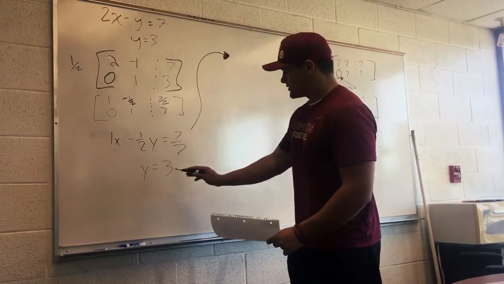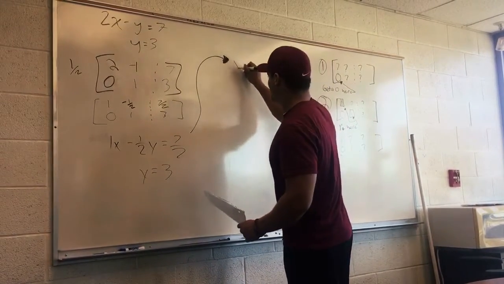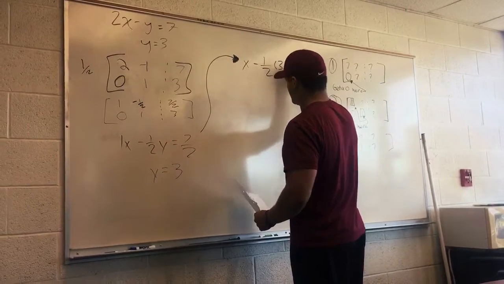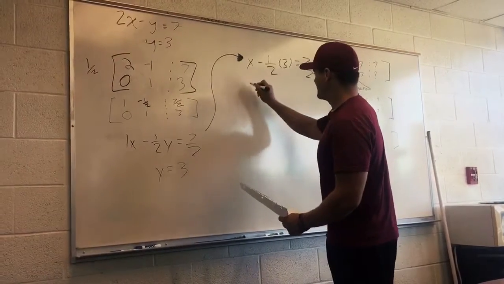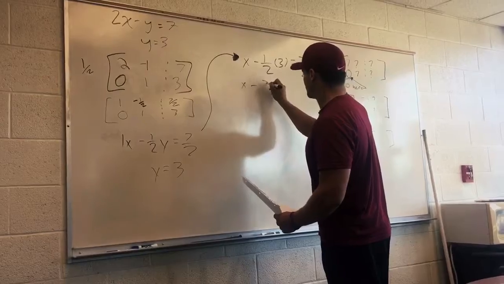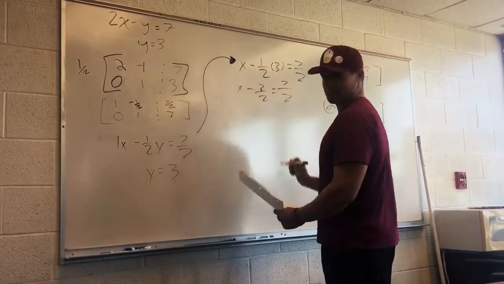In order to solve this equation, we have to plug 3 into y. So we have x minus 1/2 times 3 equals 7/2. When we multiply this, x minus 1/2 times 3 would be x minus 3/2 equals 7/2.